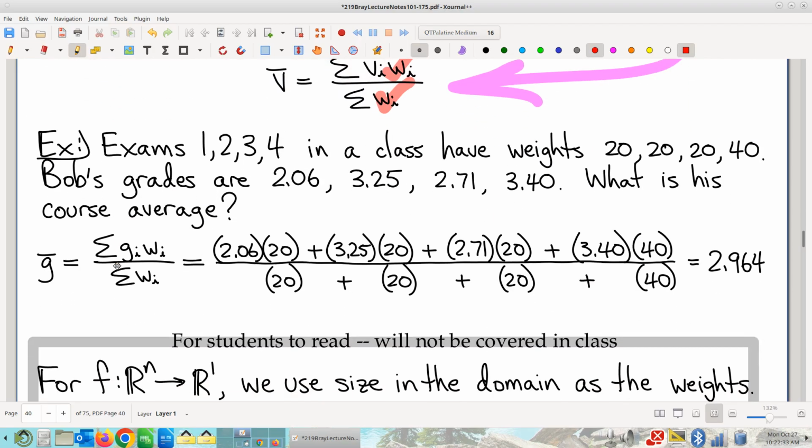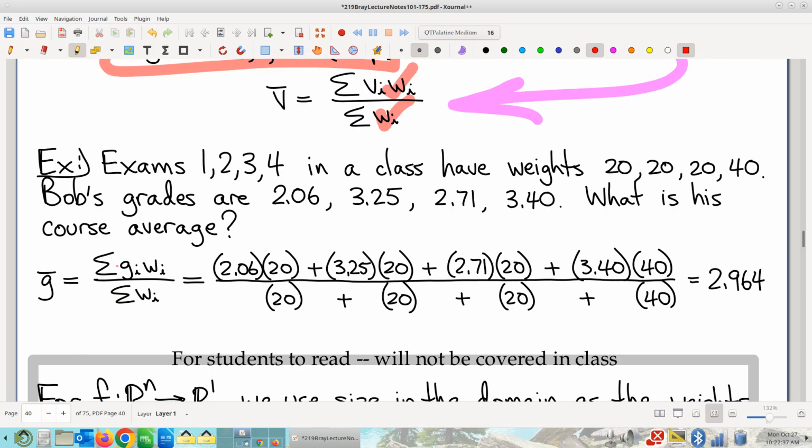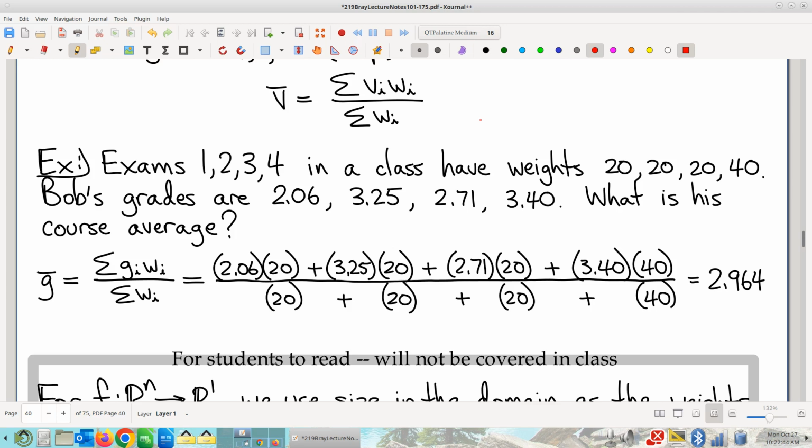A nice example of this idea of a non-integer weighted average is how we do grades in this course. I hope you recall that we have an explicit formula for how grades are computed in the course. Part of it's on the course website and part of it's on the class website. The big idea is it's literally a weighted average of the various grades that you get on the 4-point scale.